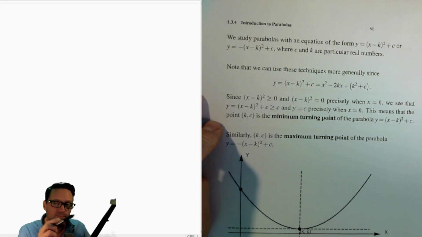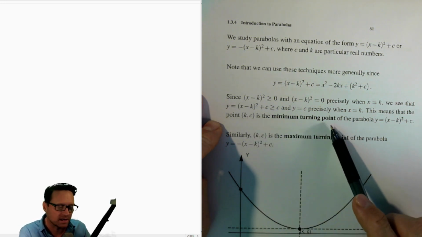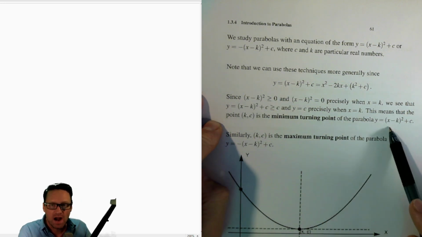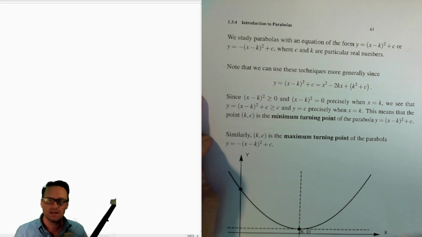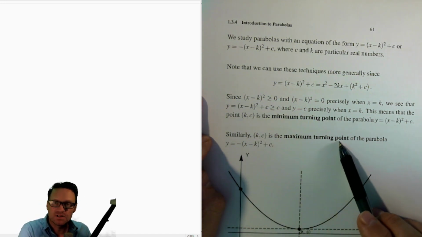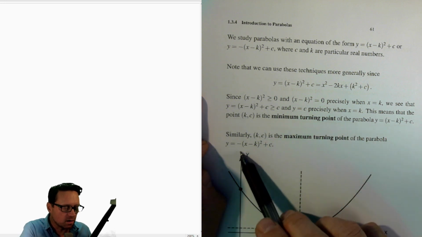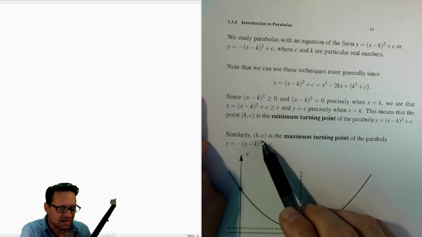So this means that the point (k, c) is our minimum turning point in this equation of the parabola y equals (x minus k) squared plus c. Similarly, the point (k, c) is the maximum turning point of the parabola where we have a minus in front: y equals minus (x minus k) squared plus c.